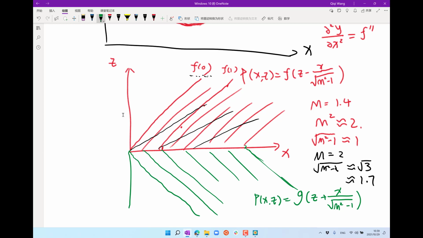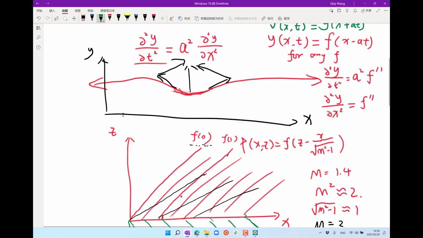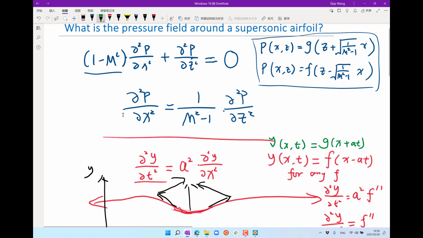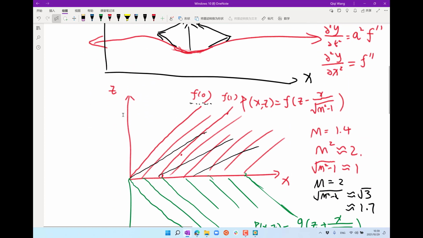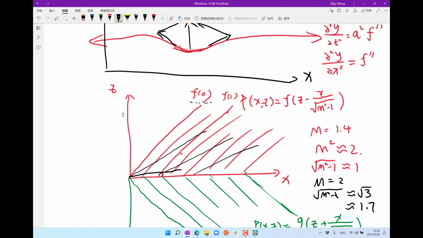So the reason you have an intersection here is that on this line we don't have to satisfy the equation because that's occupied by the airfoil, right? The equation we wrote only has to be satisfied in space occupied by air. Inside the airfoil it's solid, and you don't need to satisfy the equations.